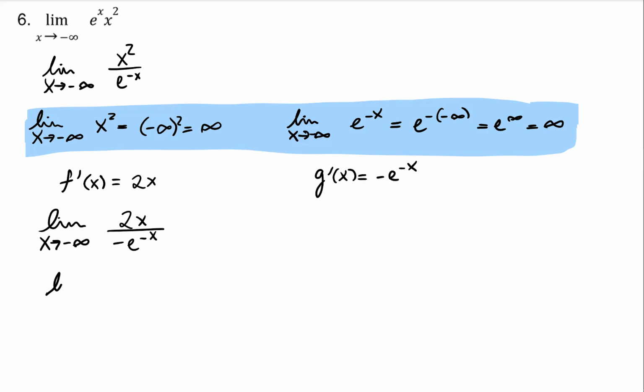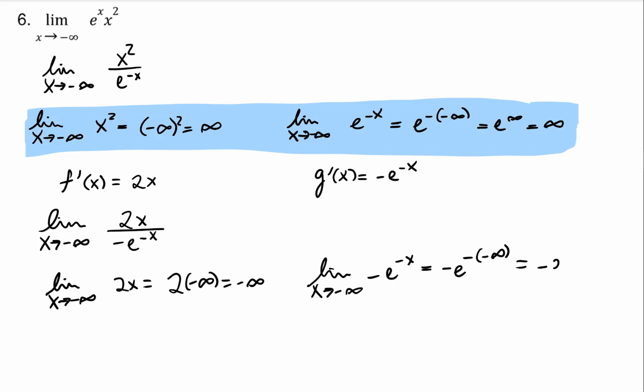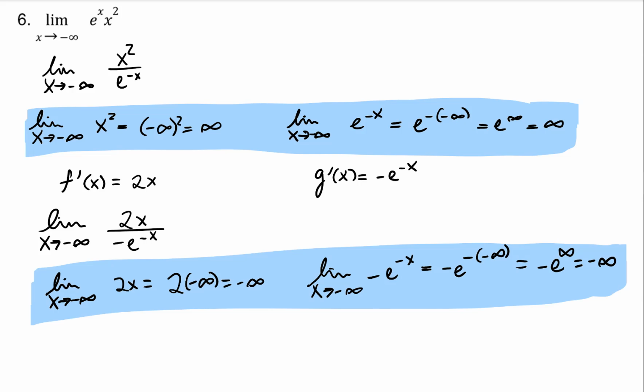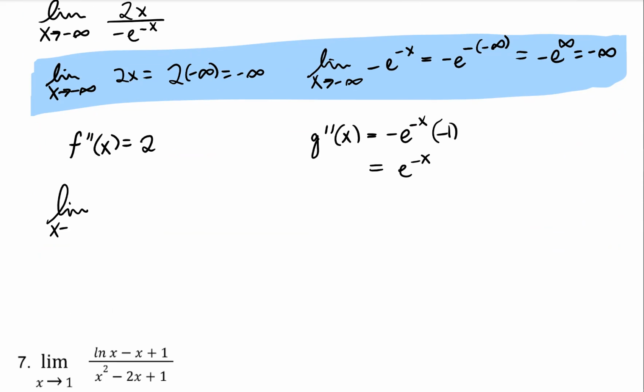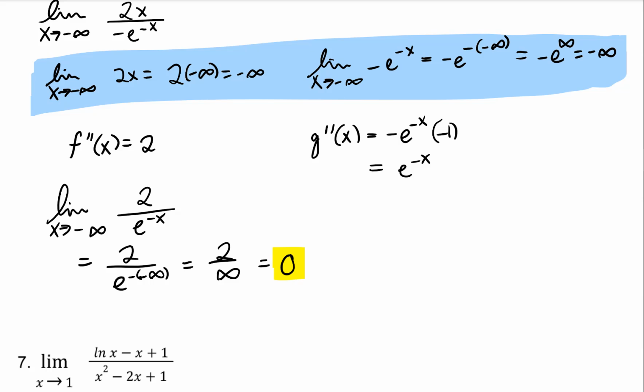So let's use L'Hopital's rule again. So let's derive again. And with L'Hopital's rule, direct substitution gives us 2 over infinity, which is essentially 0.